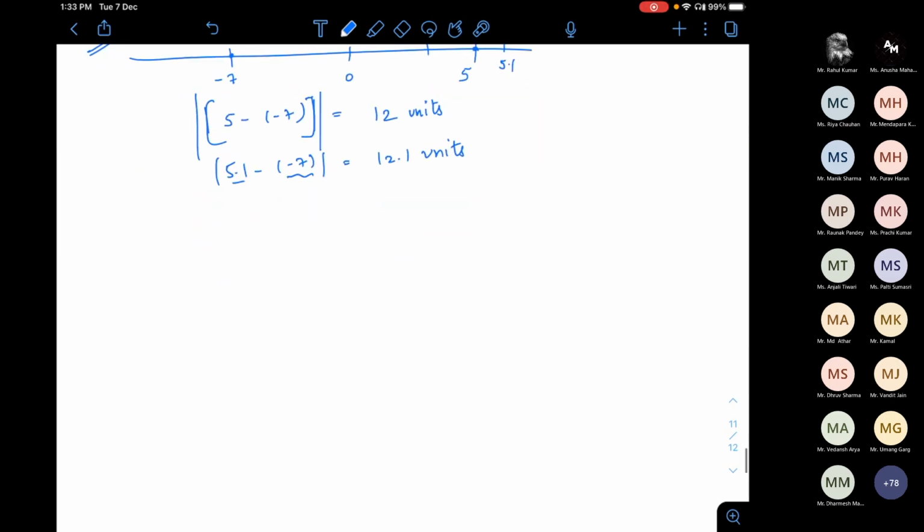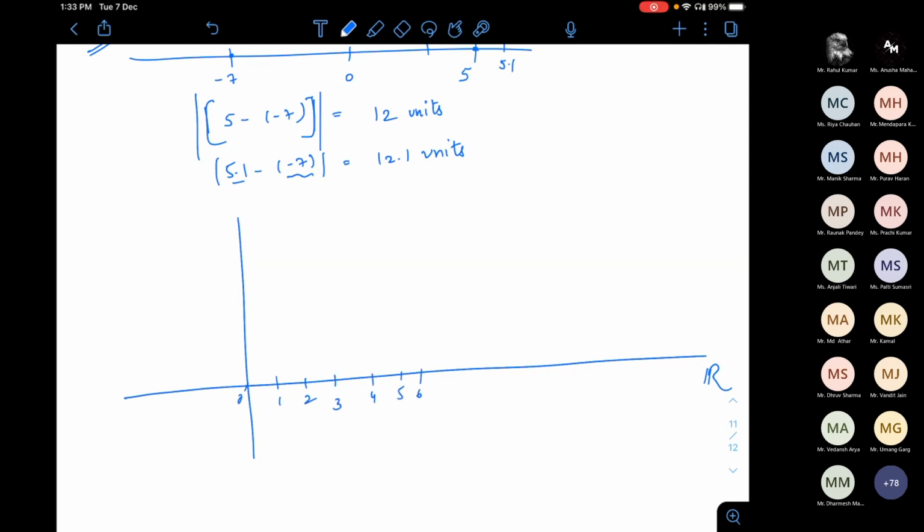Okay, now I am doing the same. What I am trying to do: this is our real line. This is 0, this is 1, 2, 3, 4. It goes like this.